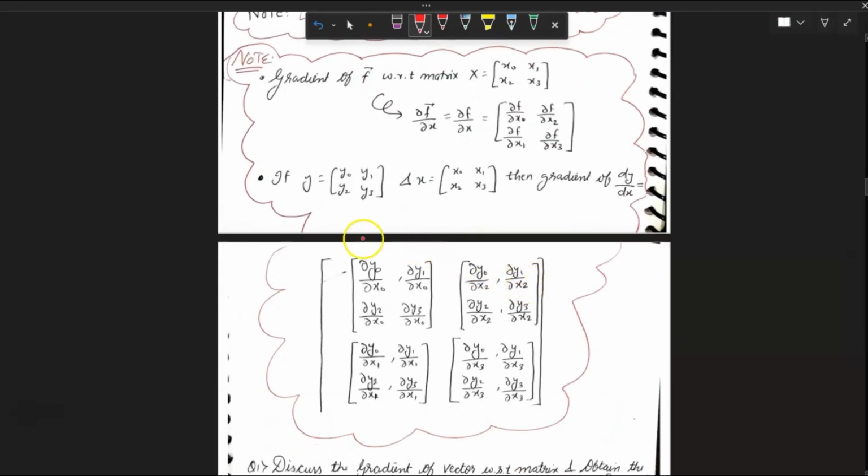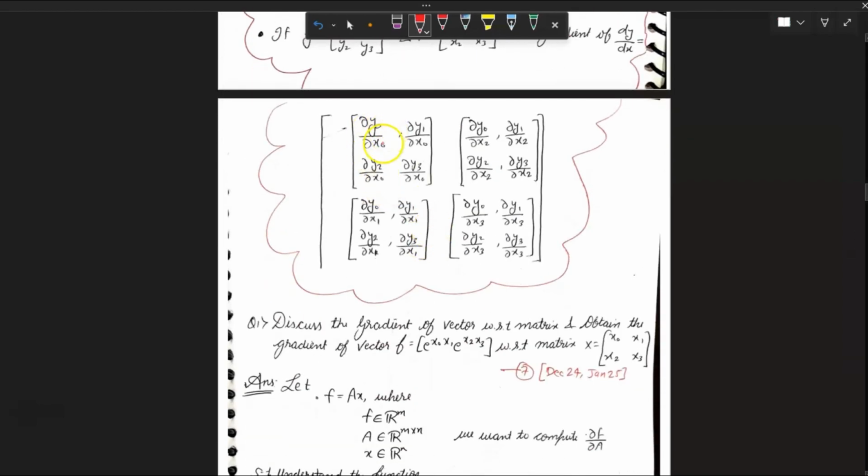Okay, so next note is, if y is equal to y0, y1, y2, y3 and x is equal to x0, x1, x2, x3, then gradient of dy by dx, here it is two matrix. So matrix with respect to matrix, what you will get? So dou y0 by dou x0, dou y1 by dou x0, dou y2 by dou x0, dou y3 by dou x0, like that only you have to proceed. But take the note that this x1, x2 will be flipped. So here x1 should come, but it's not there. It's x2 is here. Okay. So this is flipped. So just keep this in your mind, and all is same as a matrix.